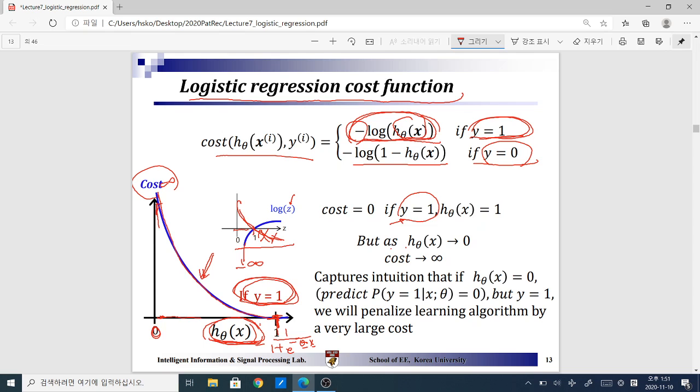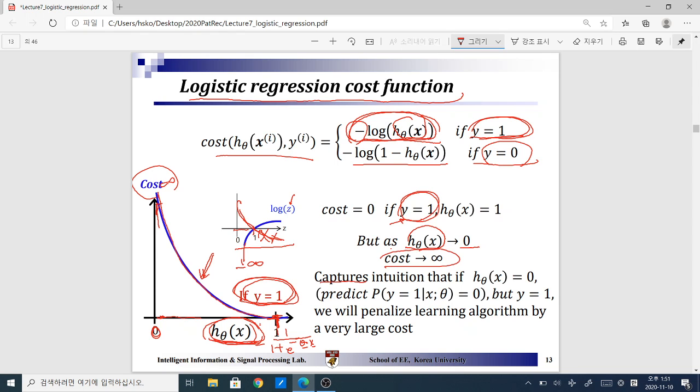As long as we have, for example, the prediction on the opposite side, say 0, as opposed to the label being 1, the label of that particular sample being 1, when the prediction is 0, then the cost is very, very large.